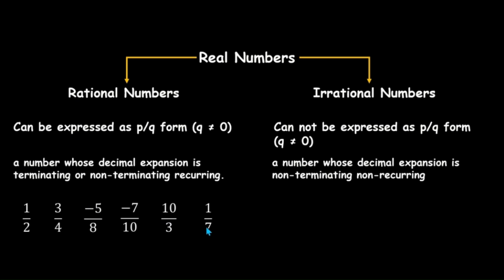For 10 by 3, 1 by 7, the division never ends. The remainder will never become 0 when we start dividing 10 with 3 or 1 with 7. So the division keeps going on, and a digit or certain group of digits keeps on recurring or repeating.